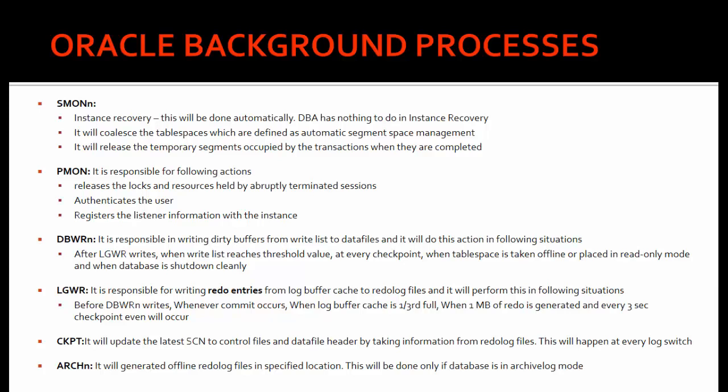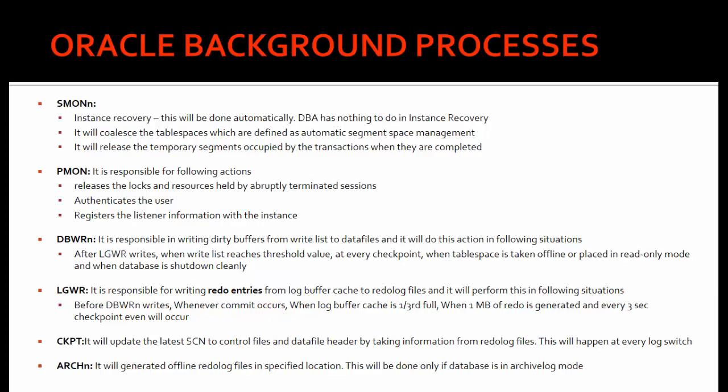Next, it will coalesce the tablespaces which are defined with automatic segment space management. Inside a tablespace, you save a lot of data, you delete a lot of data. What happens is it will create empty pits or empty spaces. You have continuous storage, but in between you delete some rows or some data, and it creates some empty spaces, right?